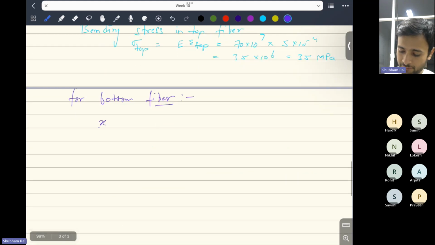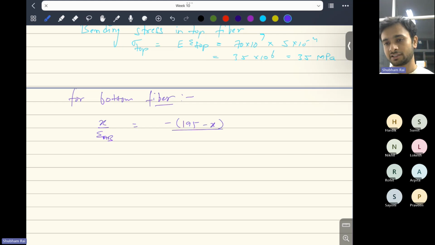So x divided by epsilon AB should be equal to minus of 195 minus x, because 195 minus x is a positive quantity, but it is below the neutral axis, so that's why the minus will be there, because the y coordinate will be negative, divided by epsilon bottommost. The only unknown here is epsilon bottom, because x is 45 and epsilon AB is 1 by 2 into 10 to the power minus 3.